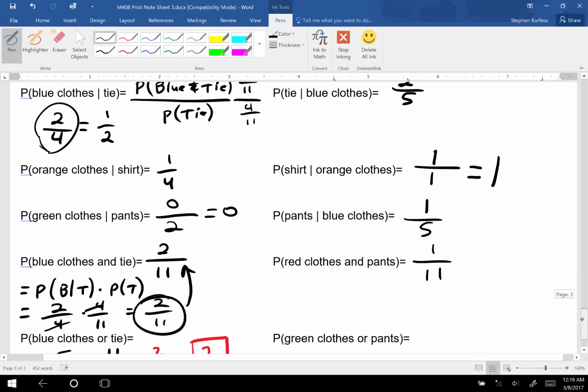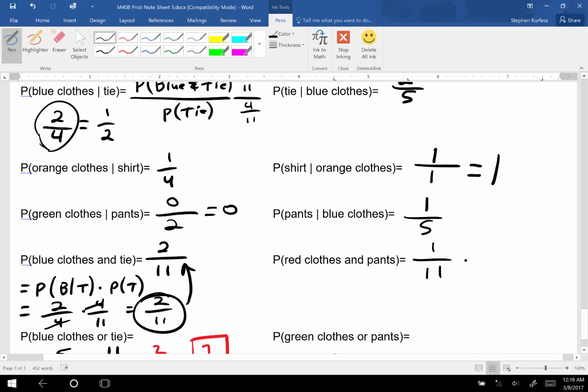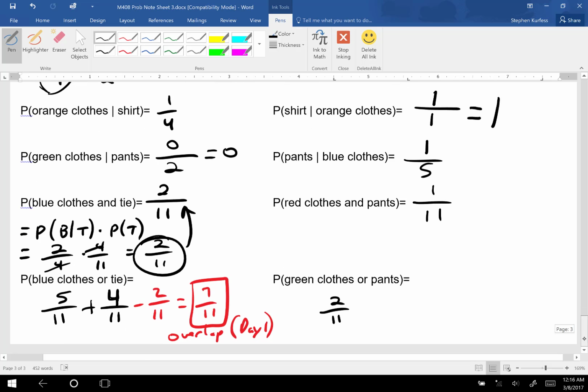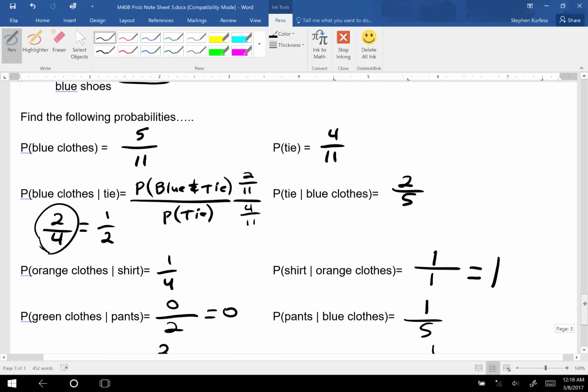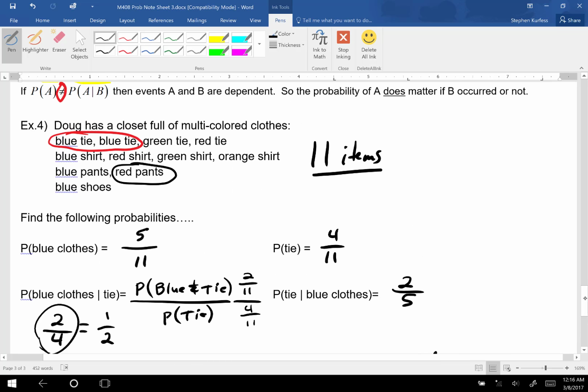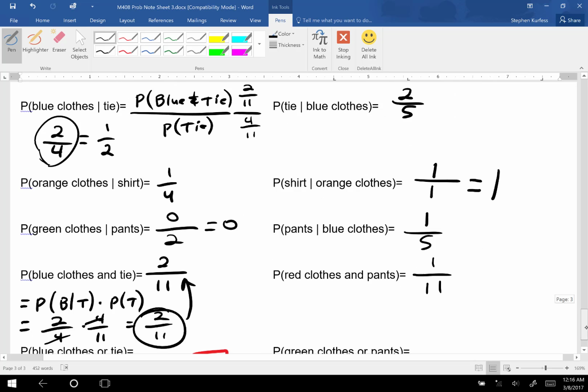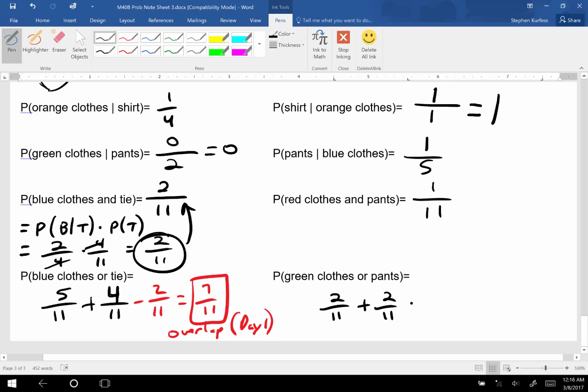So plus 2 over 11. Okay, and the overlap would be green pants. So what I counted twice. And if you look, there are no green pants. You just have blue and red, so there's no overlap here. So the answer to this problem is 4 11ths. There's no overlap.